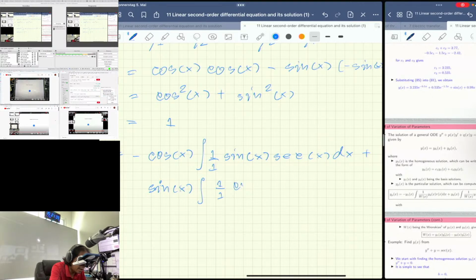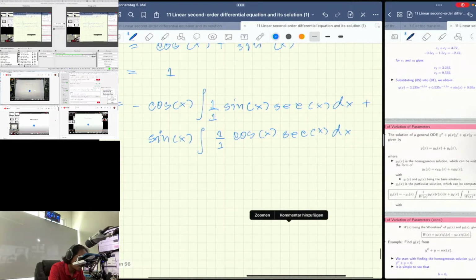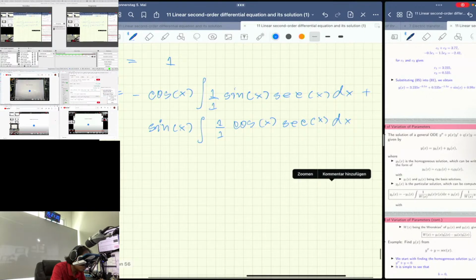y1 is cosine x and g(x) is secant x dx, right? And as you know, secant is 1 by cosine, right?